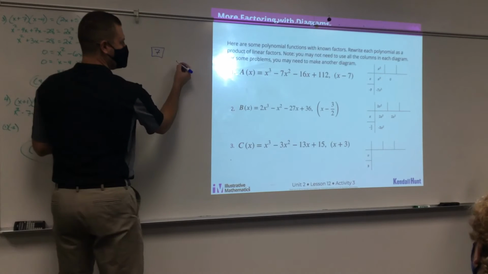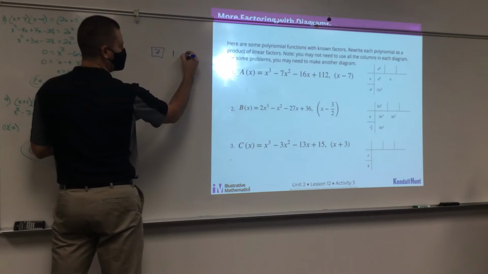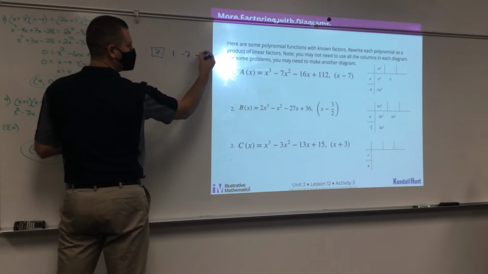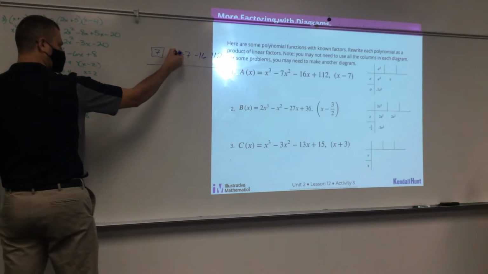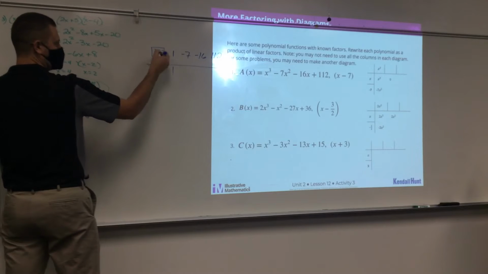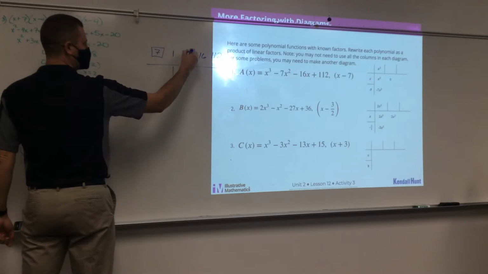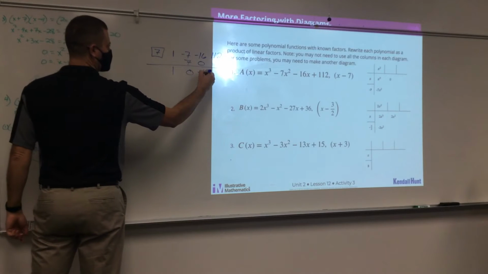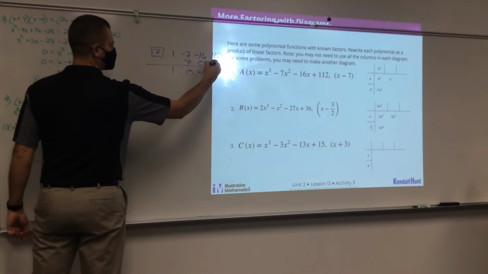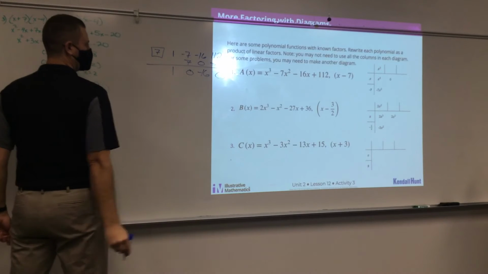All right? My coefficients are 1, negative 7, negative 16, 112. Drop the 1, multiply, add. Multiply, add, multiply, add.